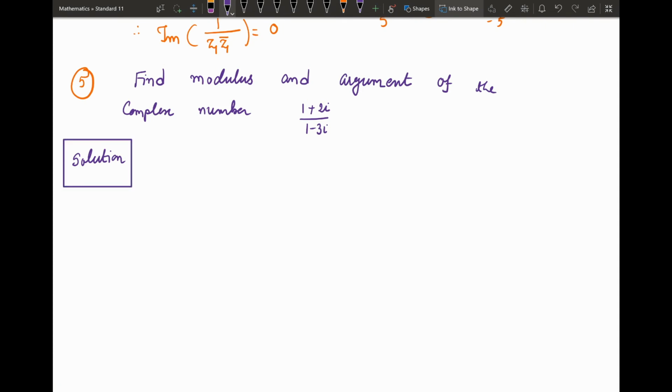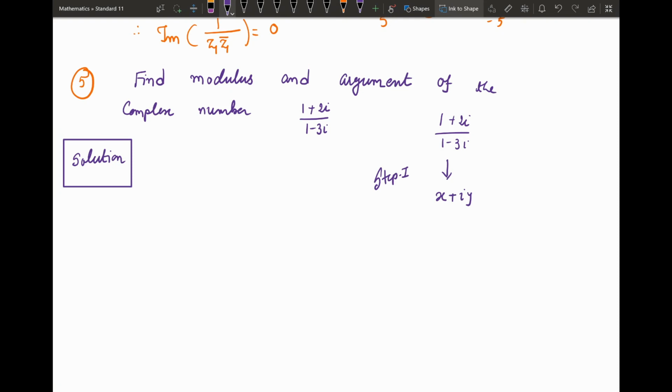First we discuss the method of how to find the modulus and argument, or there may be an alternate question: obtain the polar form of 1 plus 2i upon 1 minus 3i. Step 1: convert into standard form x plus iy, using the conjugate of the denominator.